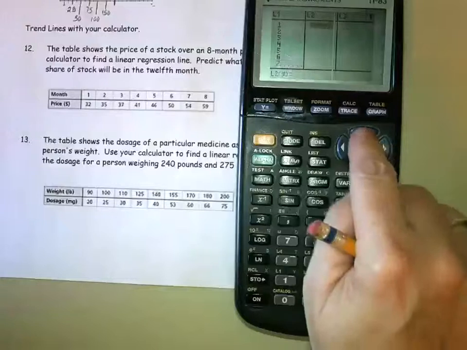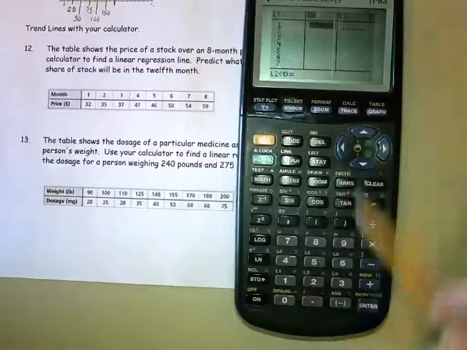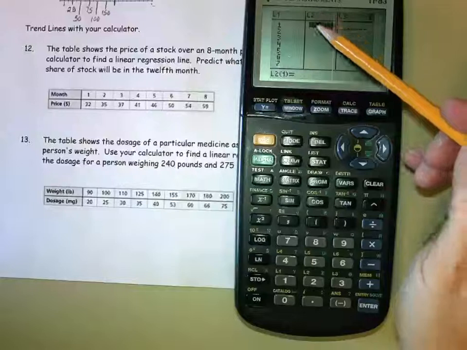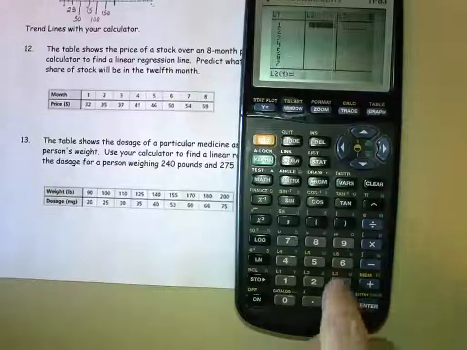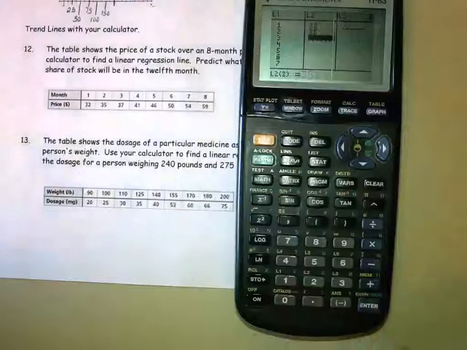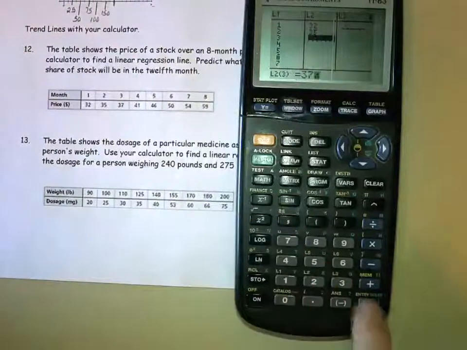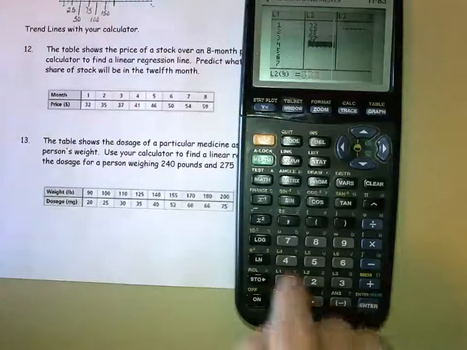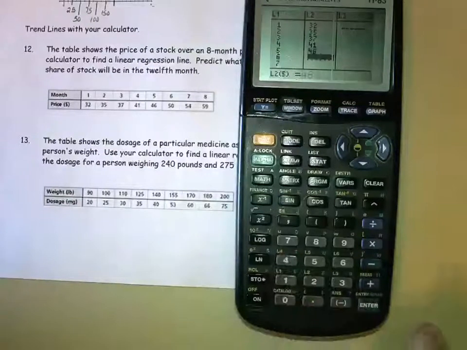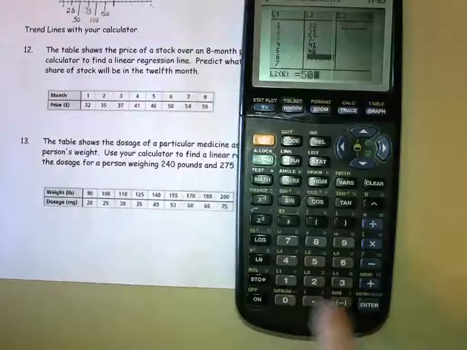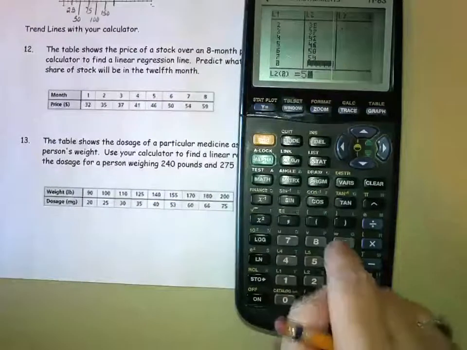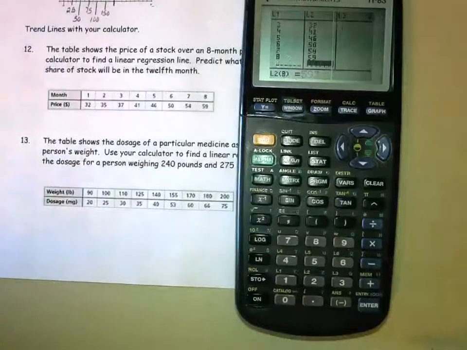And then we have to arrow over to the top of that second column. You don't want to be up here in this L2 box. You want to be right below it. And you're going to do 32, enter, 35, enter, 37, enter, 41, enter, 46, enter, 50, enter, 54, enter, and 59, enter.